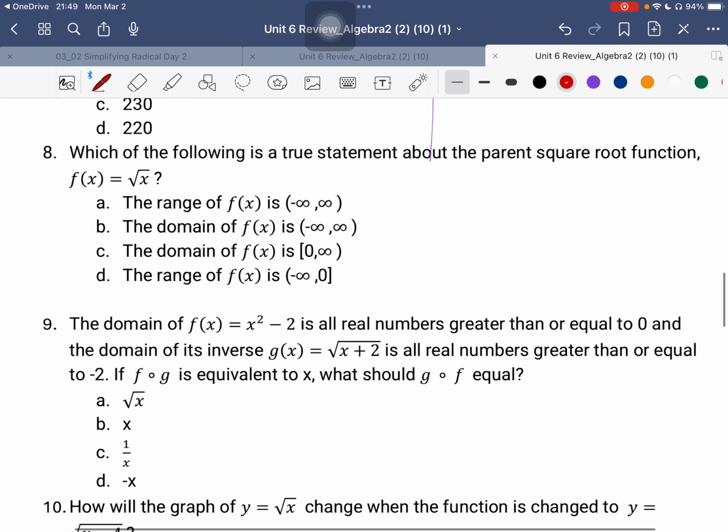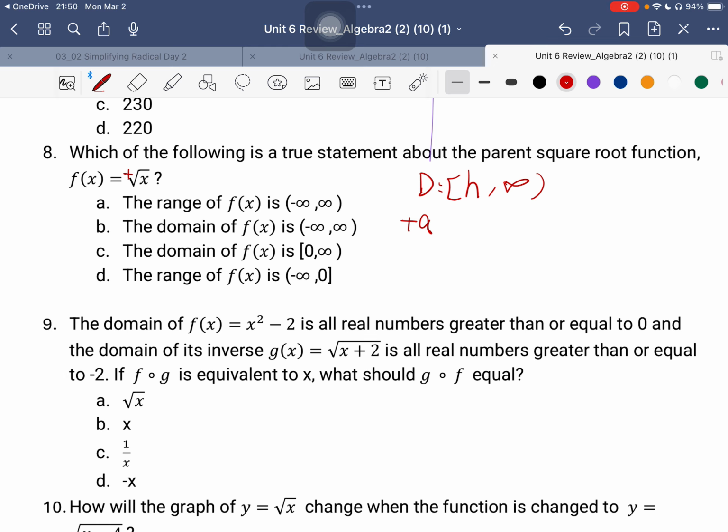Question 8. For a radical function or square root function, the domain is always from h to infinity. And for positive a, so like for our question, this one is positive a.